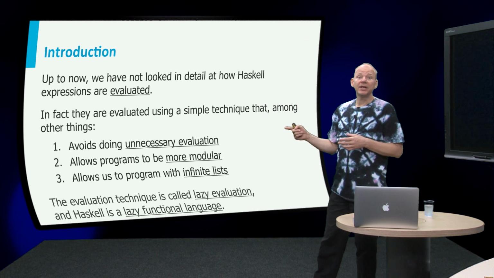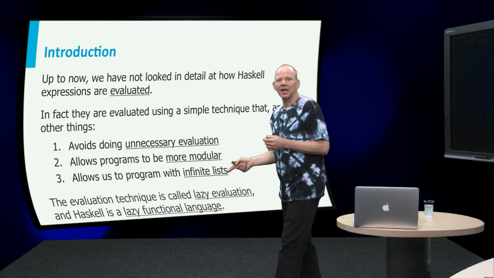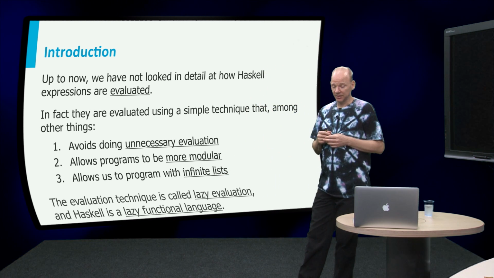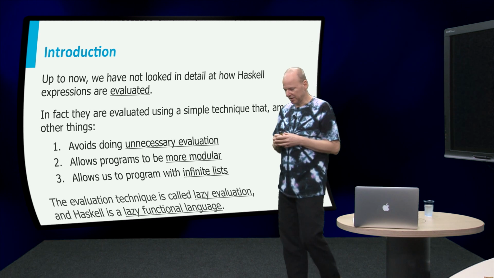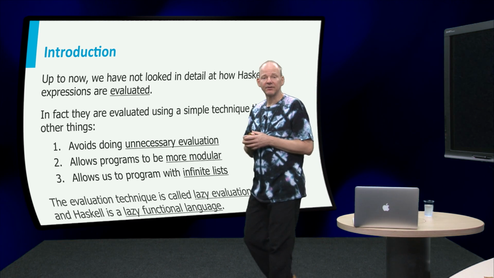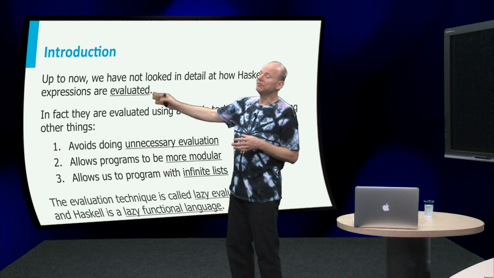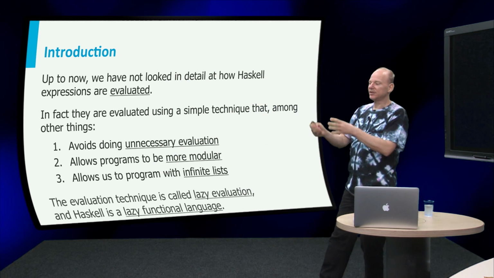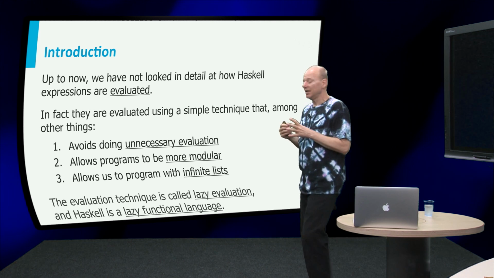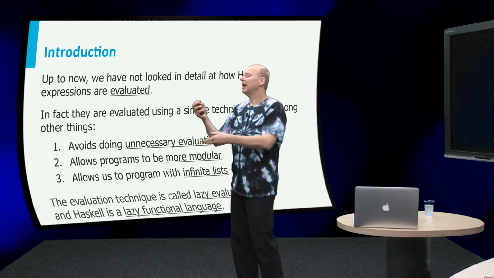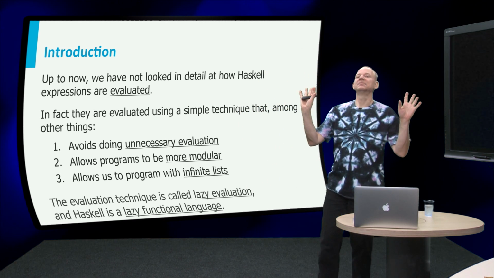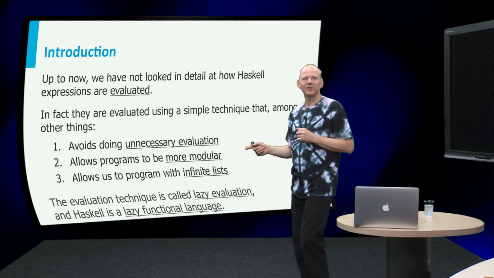Now, doing this lazy evaluation allows us to program with infinite data structures because we're never doing more work than necessary. So even if you give me an infinite list, an infinite stack of dishes, if I'm sufficiently lazy, I will only wash as many as I need. So you cannot catch me with that.